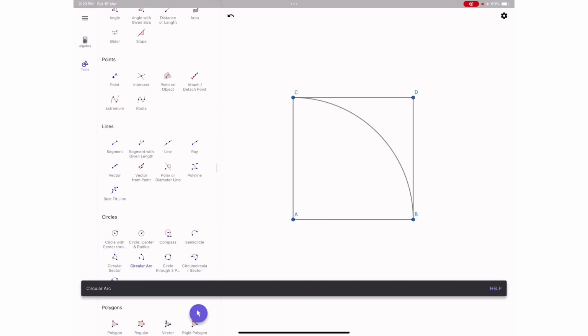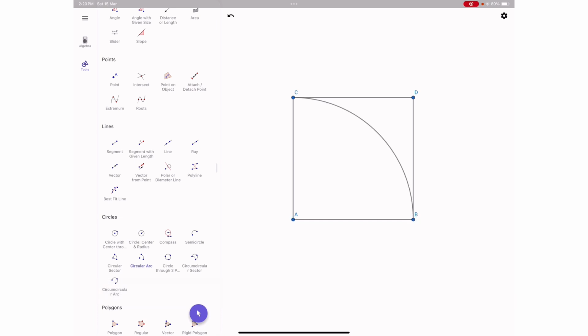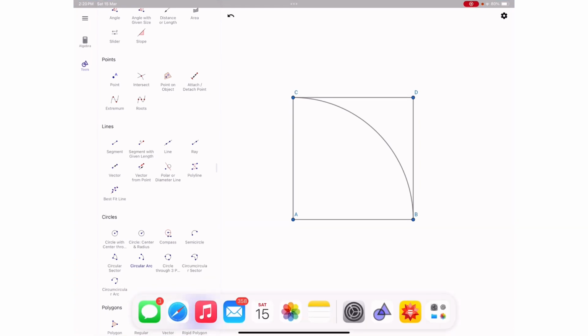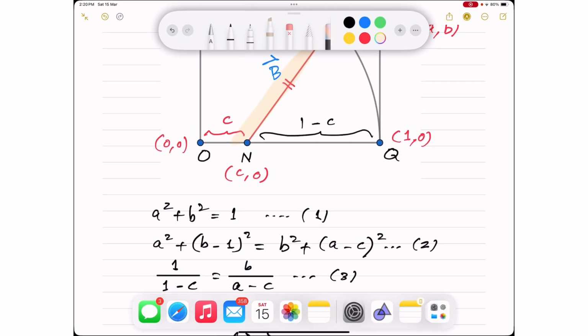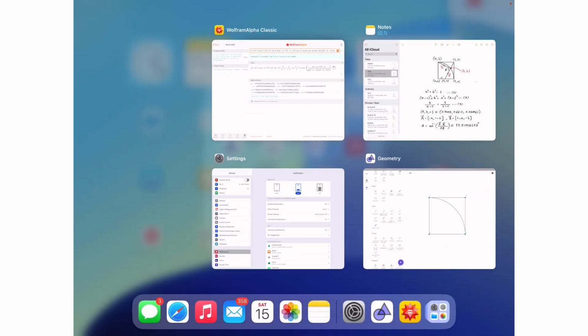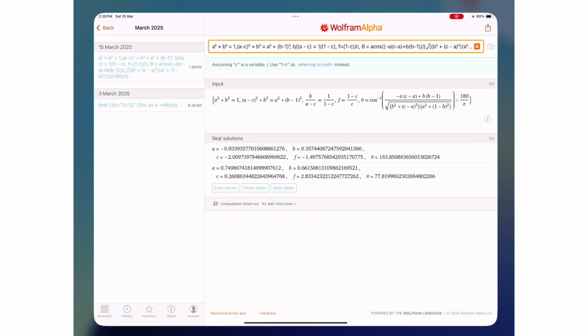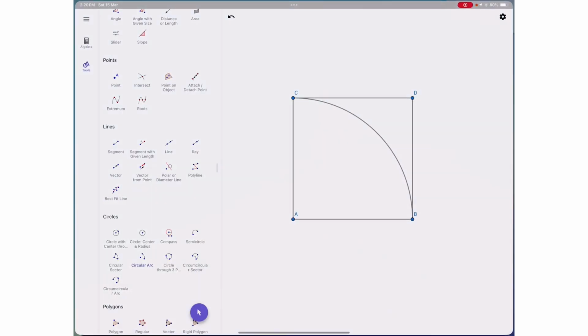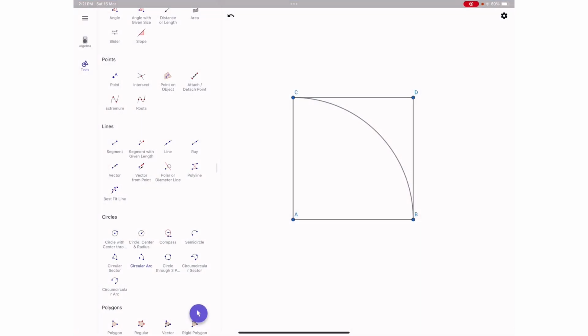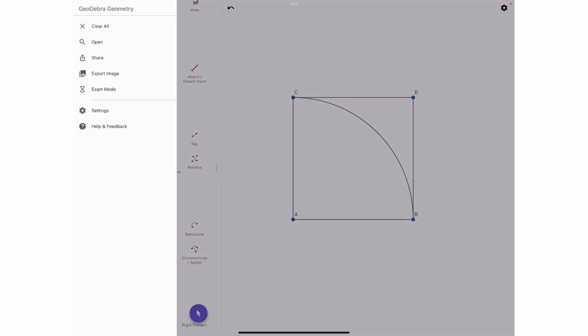And then I have to define the point N, which is C. So for that I need C. And C is nothing but, we can go, of course, to Wolfram Alpha and get the exact value for C, which is 0.2608. Let me put that on the sketch here.